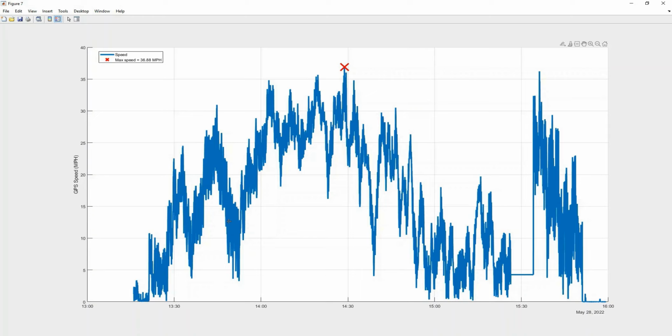But look at this. At some points, when we actually got up to altitude, this is when the balloon started trucking. Look at this: 25, 30, even our maximum speed was almost 37 miles an hour. So the balloon was really trucking horizontally.